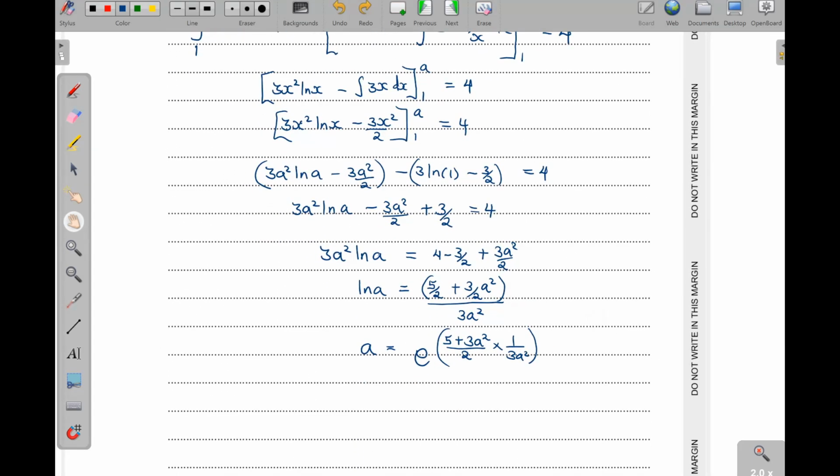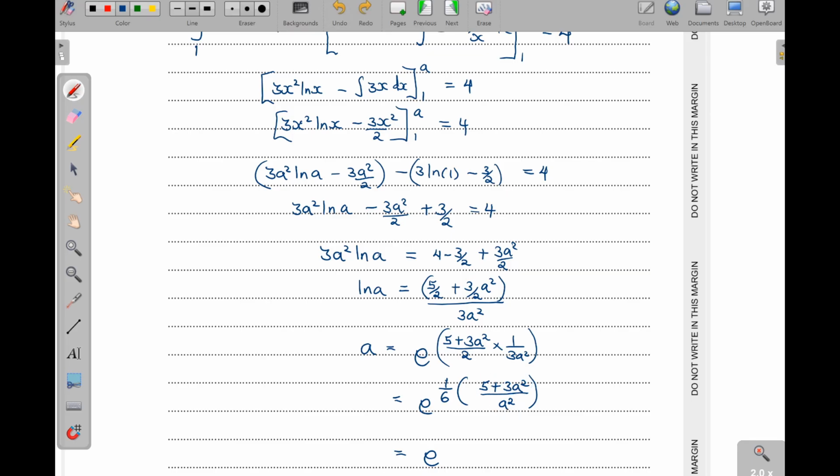Then, next, I can pull out the 6. So when I pull out the 6, I will have 1 over 6 into, okay? This is 5 plus 3a squared out of a squared. You see that? Now, that means everything in here, the 5 is over a squared. The 3a squared is over a squared.